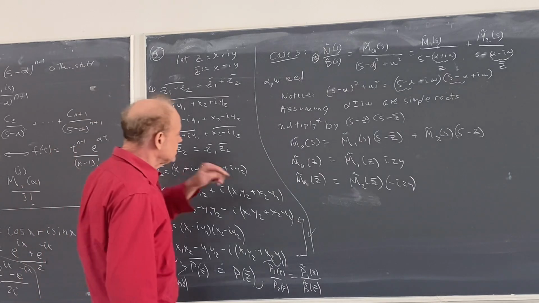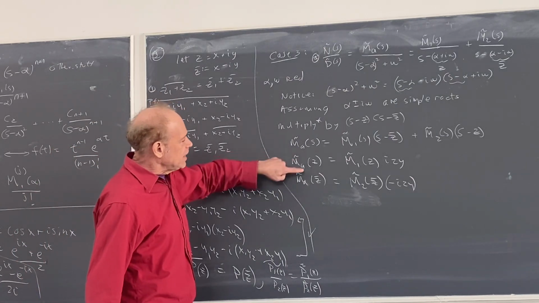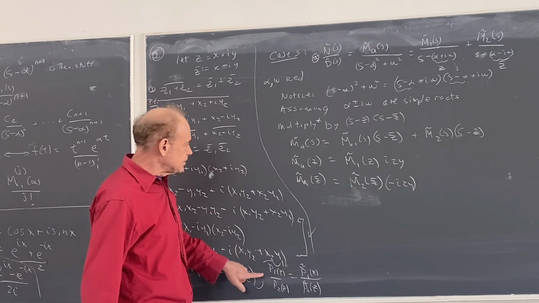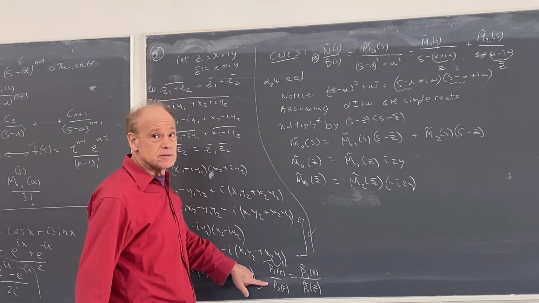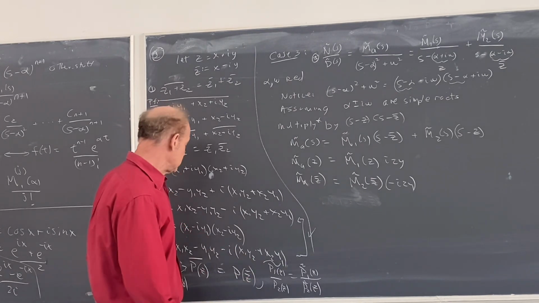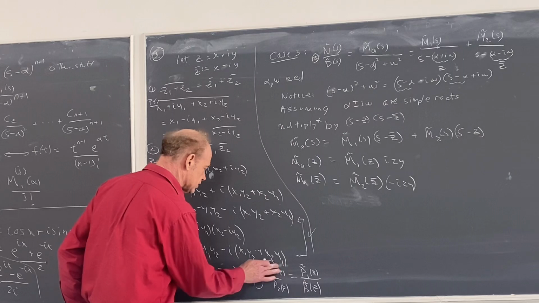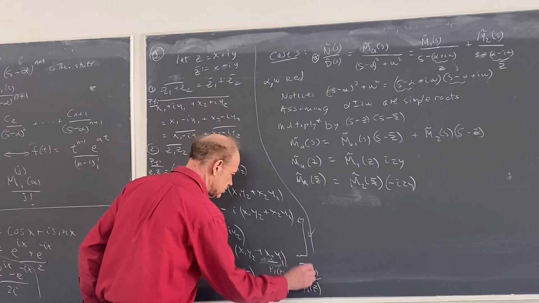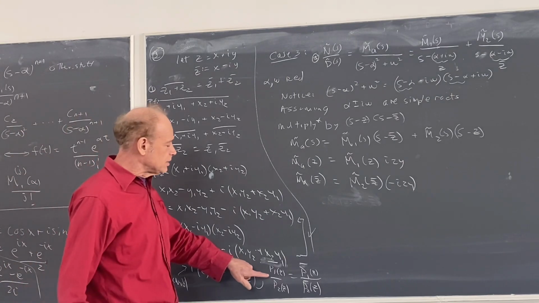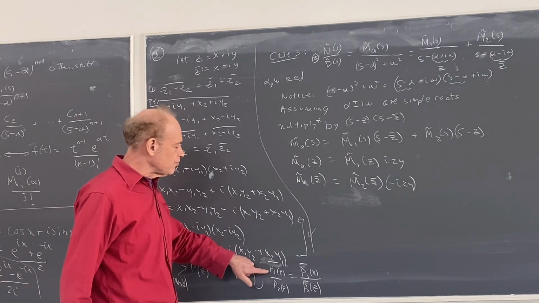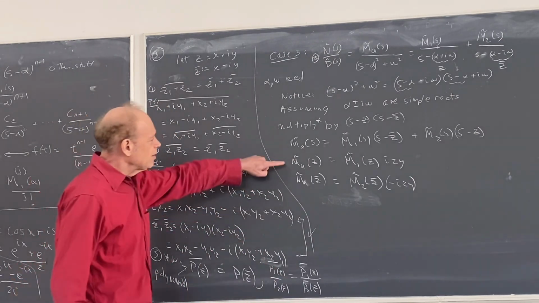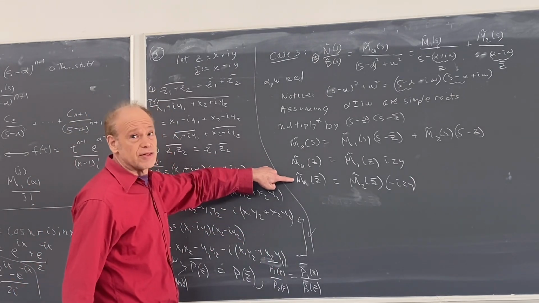And I can notice that this is MA of Z and this is MA of Z bar. Well, since the ratio of polynomials, the complex conjugate of that, and actually these should be bars and not tildes, the bar of the ratio is equal to the ratio of the bars. This is just the complex conjugate of this.